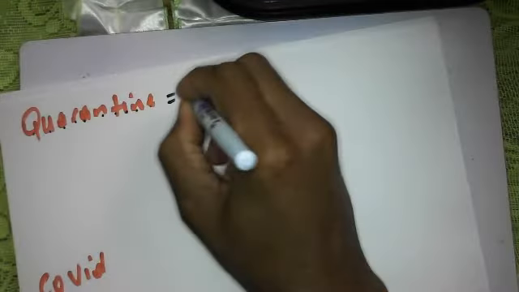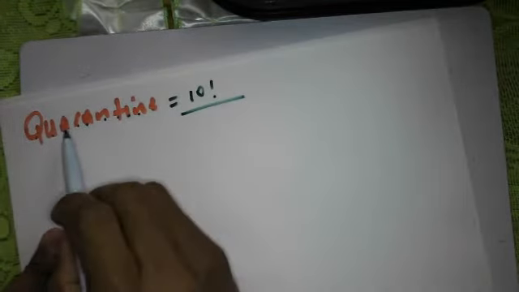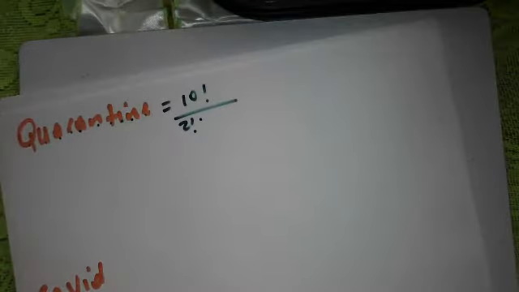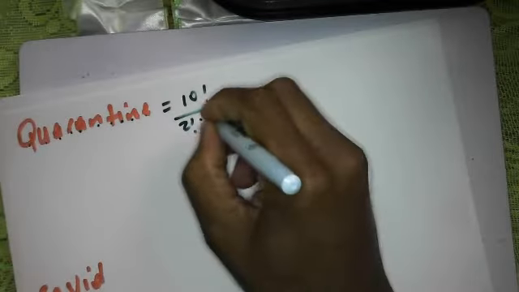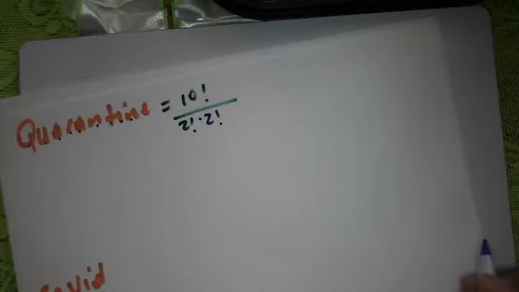So that would be 10 factorial, but we have some letters repeating. We have 2 A's, so that is divided by 2 factorial, times, we also have N repeating 2 times, so that is times another 2 factorial. Those are the only 2 letters repeating.